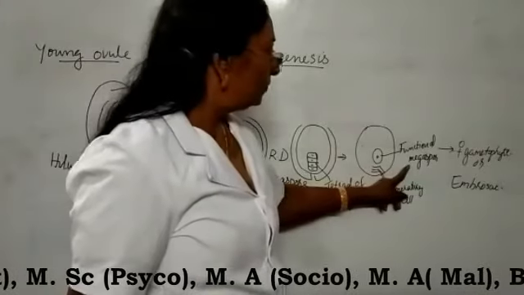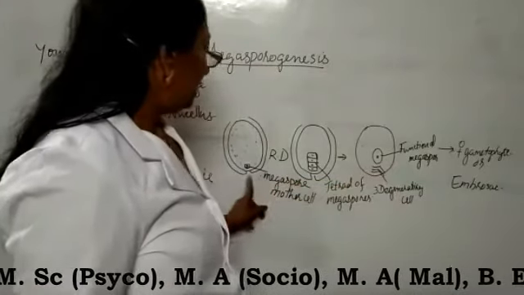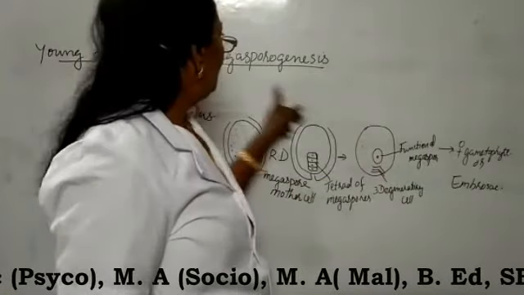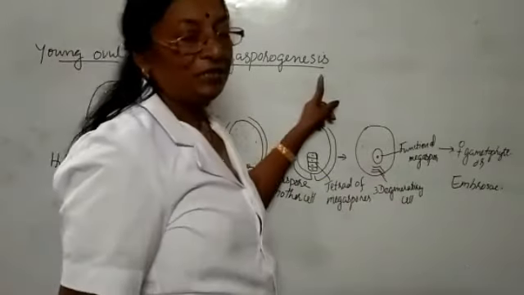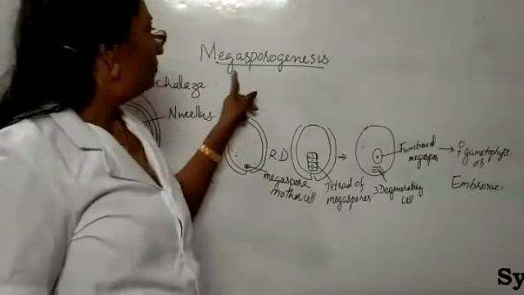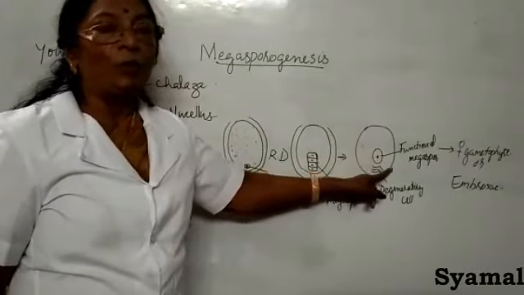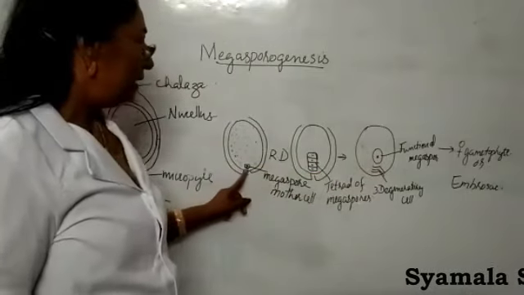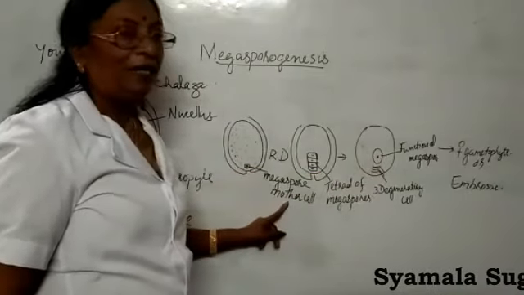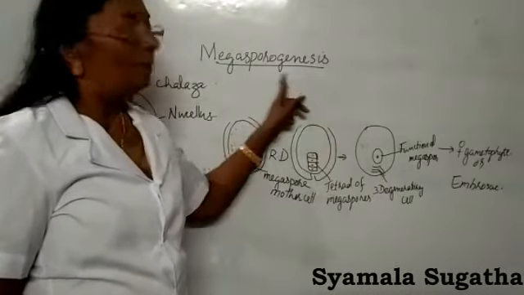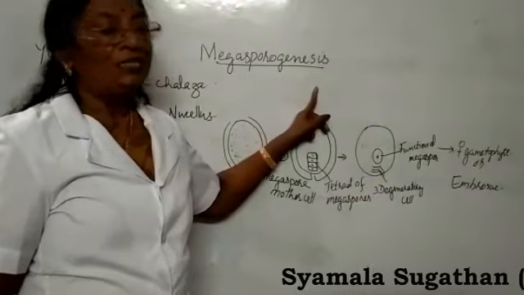The development of functional megaspore from the megaspore mother cell by reduction division is known by the name megasporogenesis.